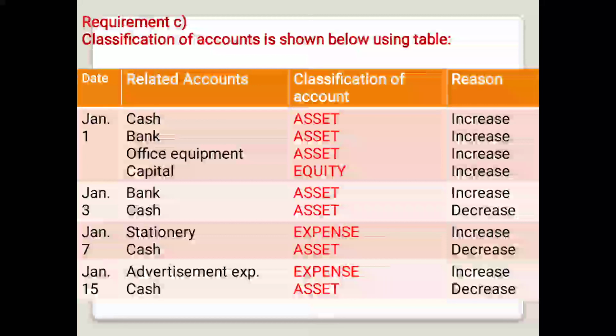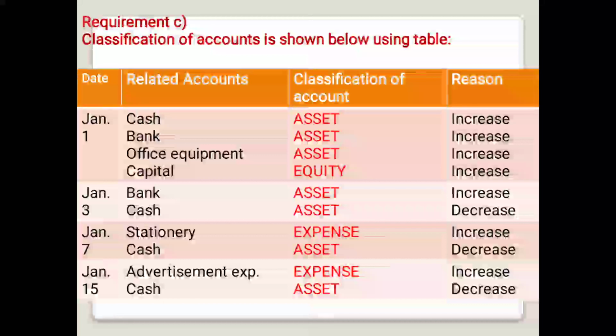Totally 4 accounts are related: cash, bank, office equipment, capital. Classification: cash, one kind of asset, bank asset, office equipment asset, capital equity. All items are increasing, so the reason is increase, increase, increase, and increase.